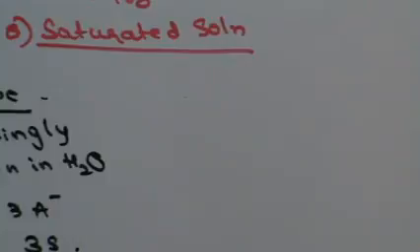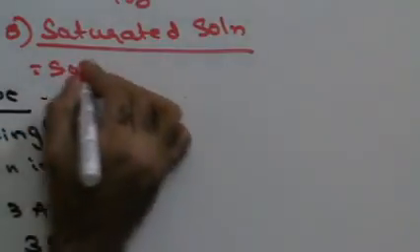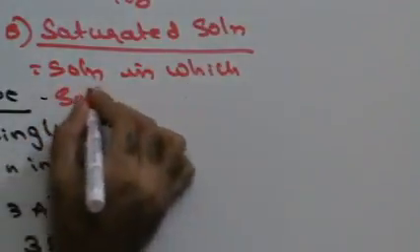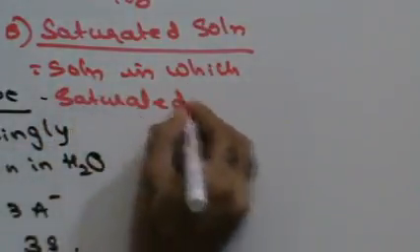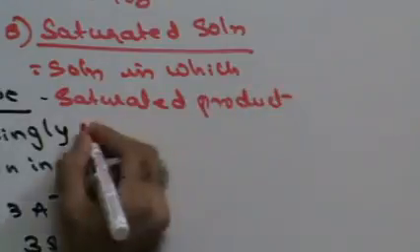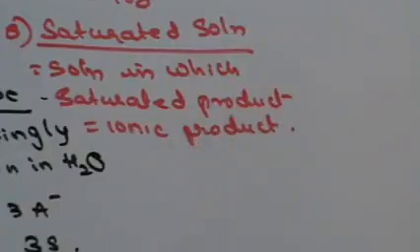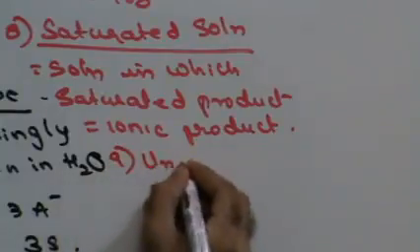Any solution in which the solubility product Ksp is equal to the ionic product, that is B plus into A minus, is called a saturated solution. In that case, what is an unsaturated solution?